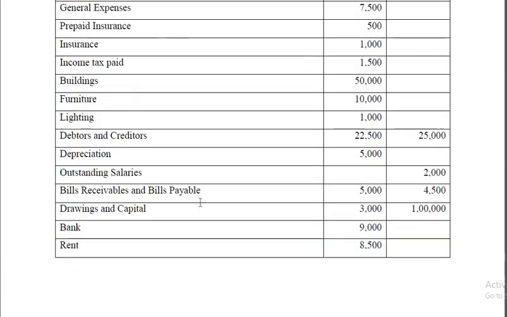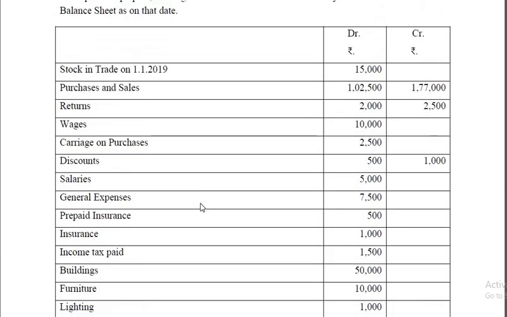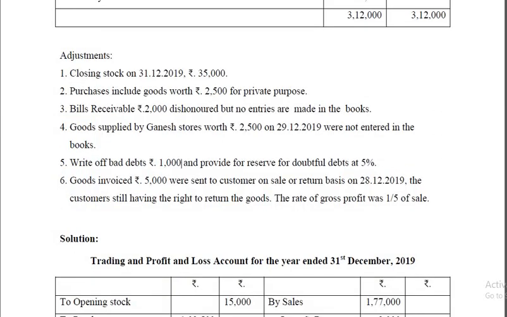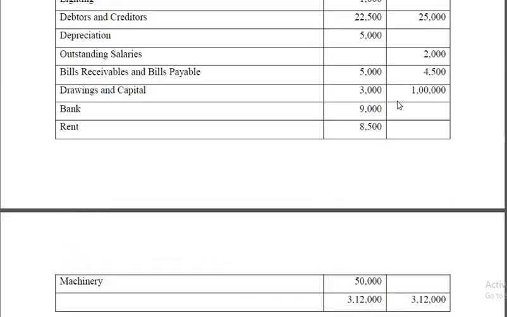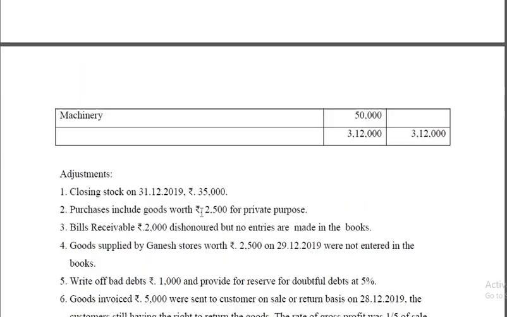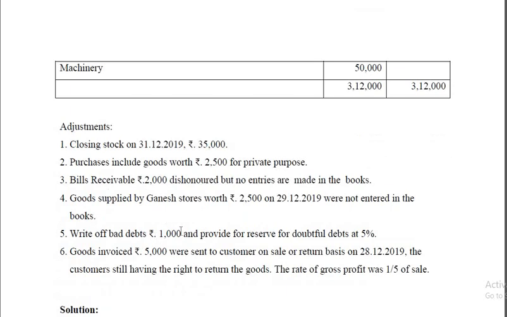And in this problem there is no old reserve for bad debts. Therefore what you have to do is calculate 5% of debtors, but after deducting 1,000. Debtors value is 22,500. 22,500 minus 1,000, so 21,500.